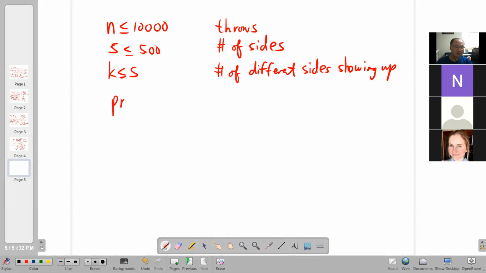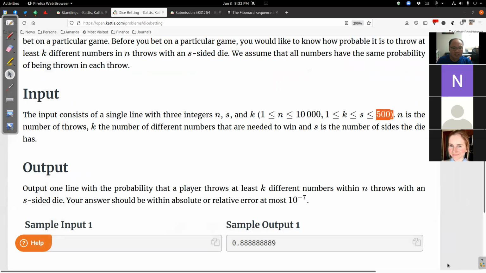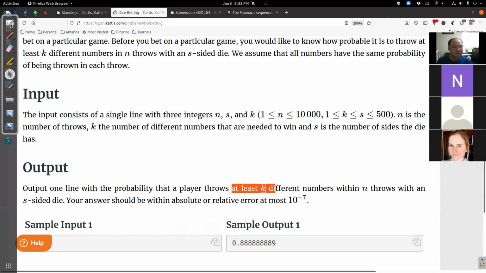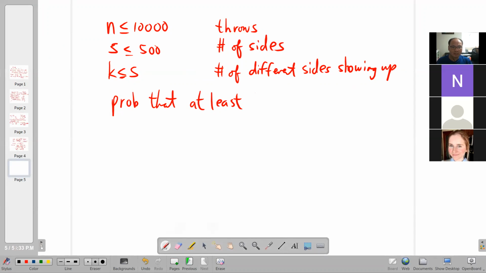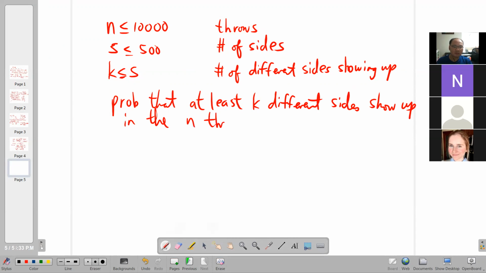And they ask for the probability that at least k different sides show up in the n throws. Okay, so that's the question.